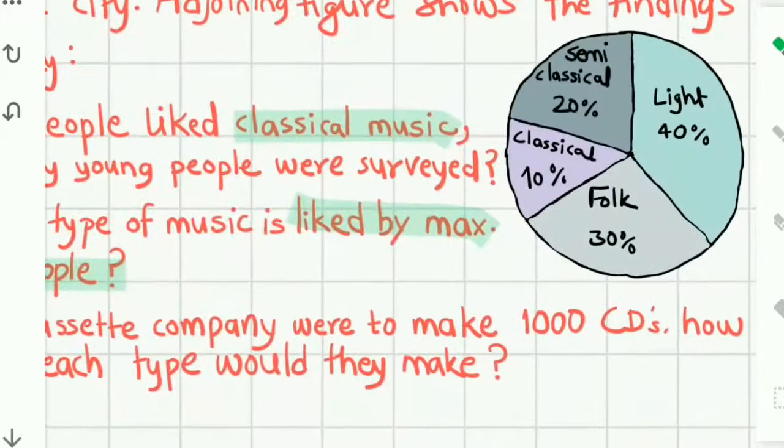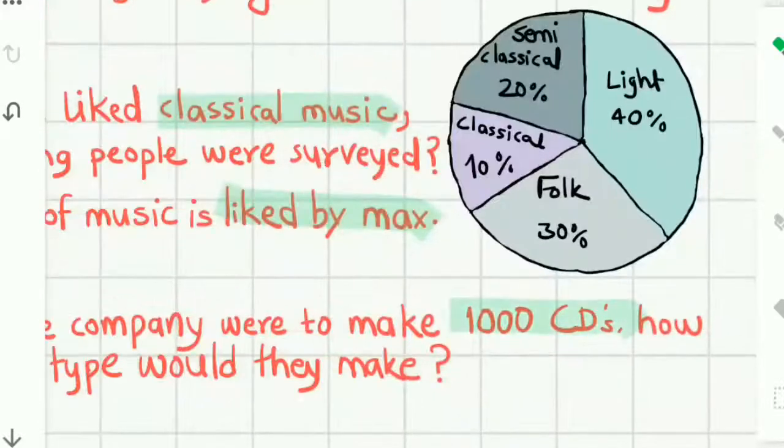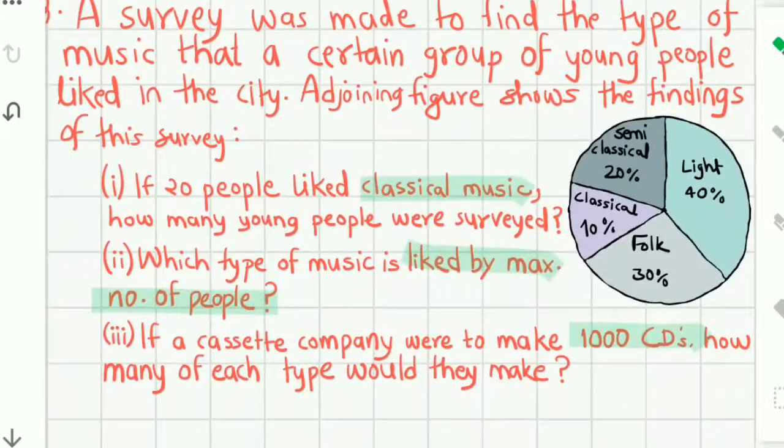So what will be the total number of CDs here? It's given 1000. So all you have to do is find out 40%, 30%, 10%, 20% of the given number, that is 1000 CDs. You can do that easily. So solve this one on your own.